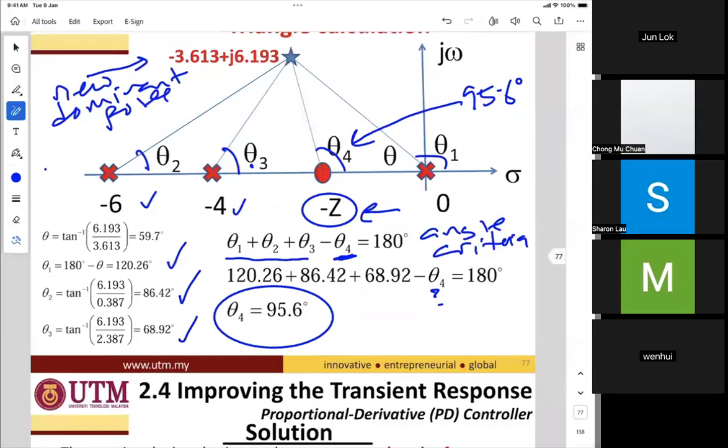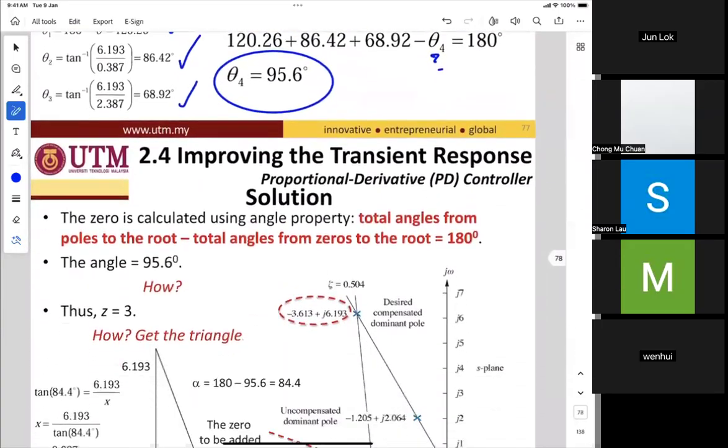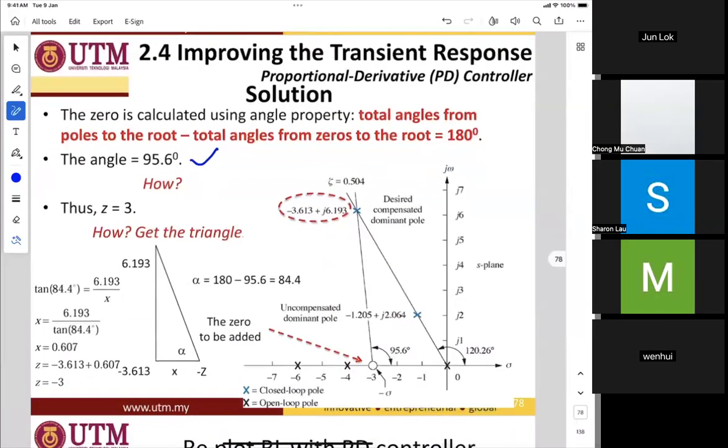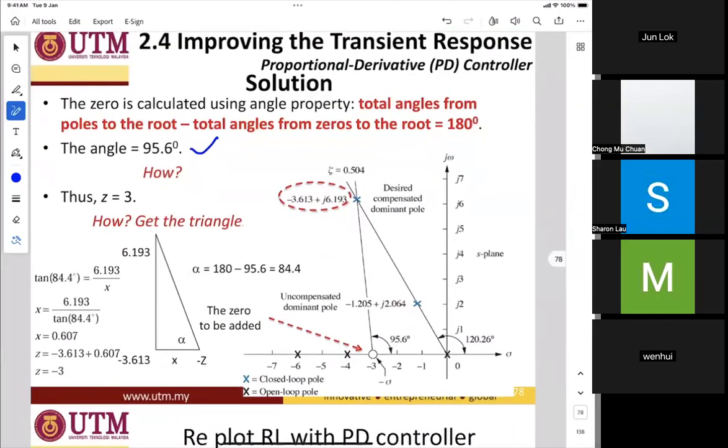It is over 90 degrees. So from 95.6, we assume that this angle is 95.6 degrees. So what is alpha?